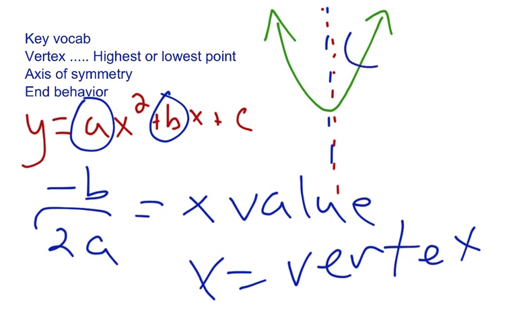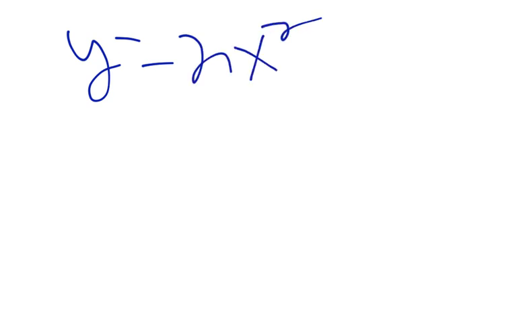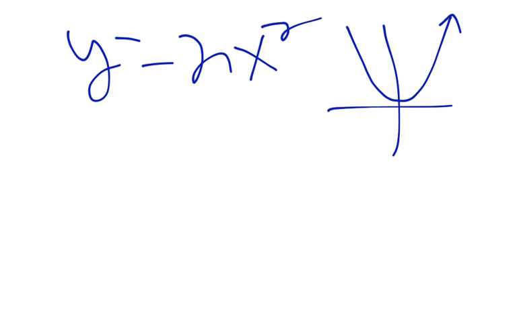Now the end behavior is, where does it go off as x gets big and small? Is it infinity or negative infinity? If your function was, say, y equals 2x squared, then it would go off to positive infinity in both directions, because 2 is a positive number.